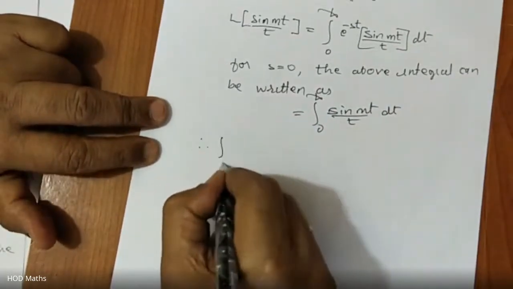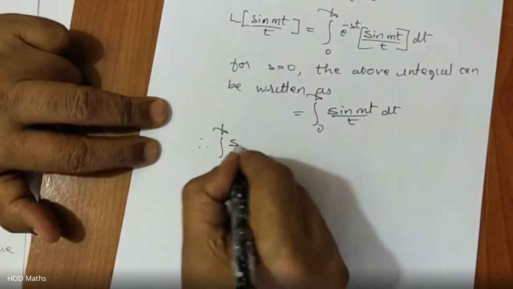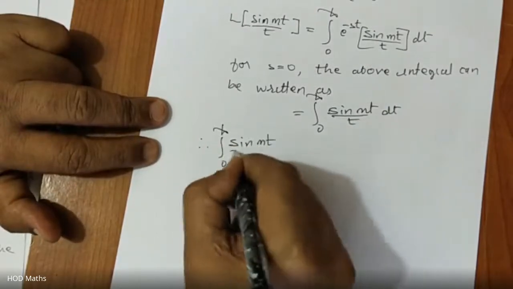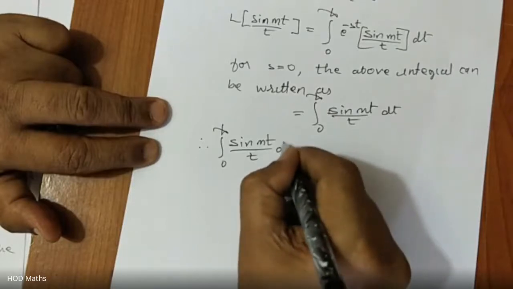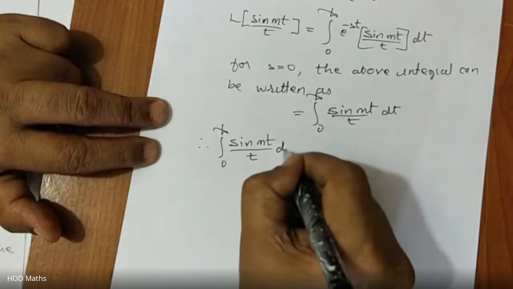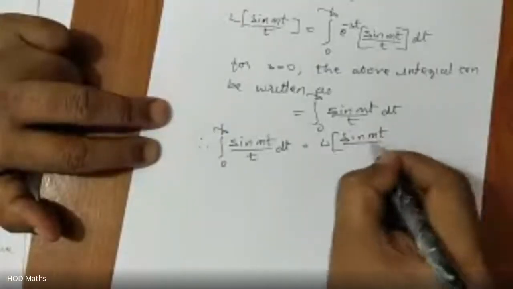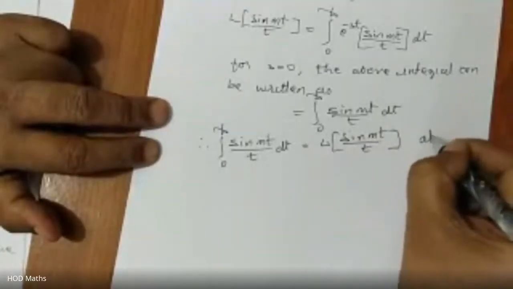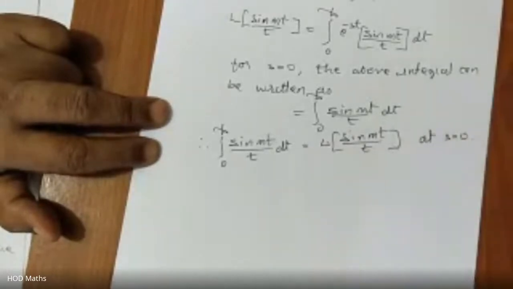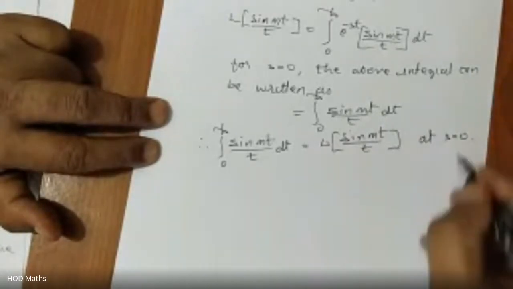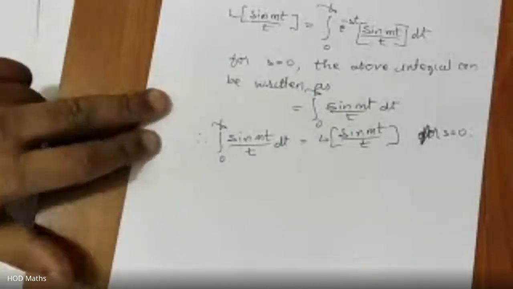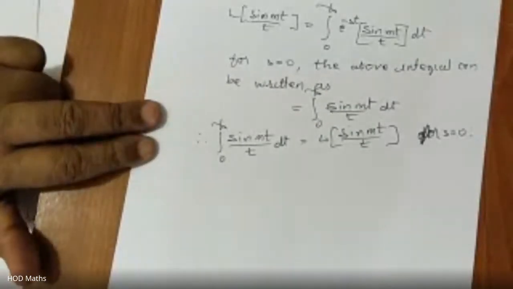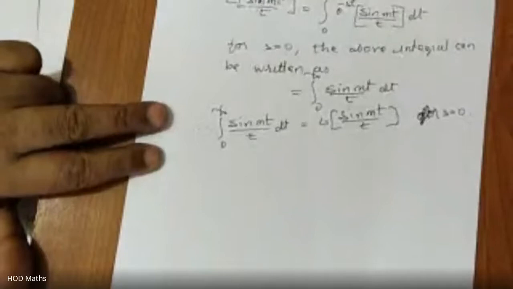Therefore, the integration from 0 to infinity of sine mt by t dt will be L of sine mt by t for s equal to 0. Now, I should find L of sine mt by t, and put s equal to 0 in that to get the required result.